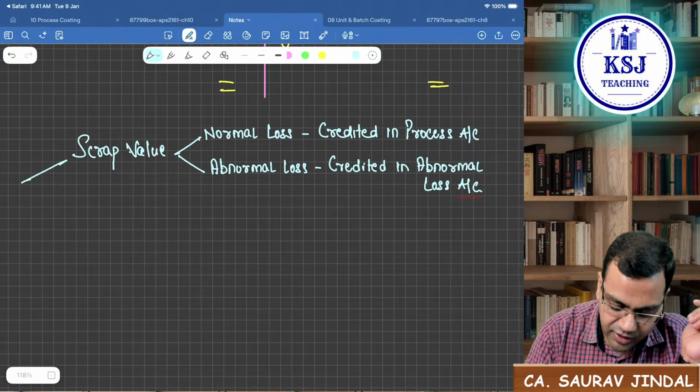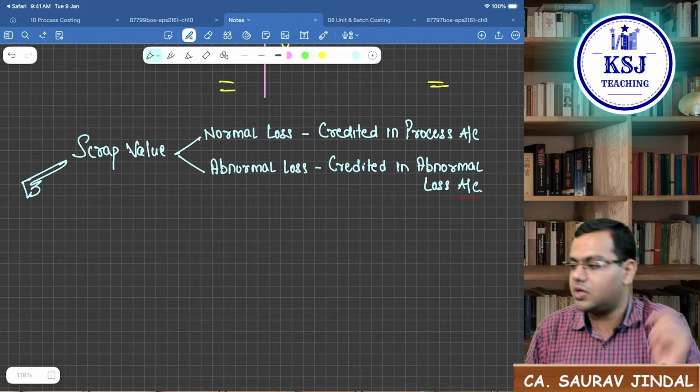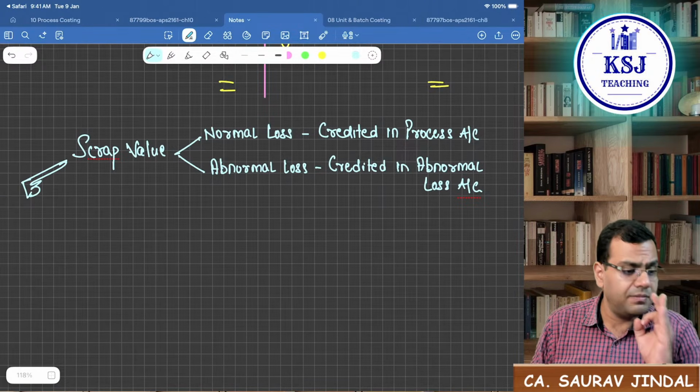Right? This is an important area that you must remember, because of which there can be a mistake.